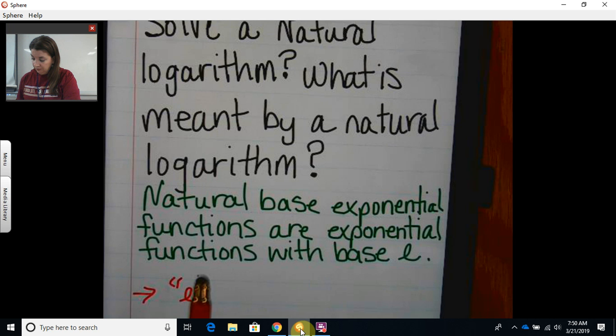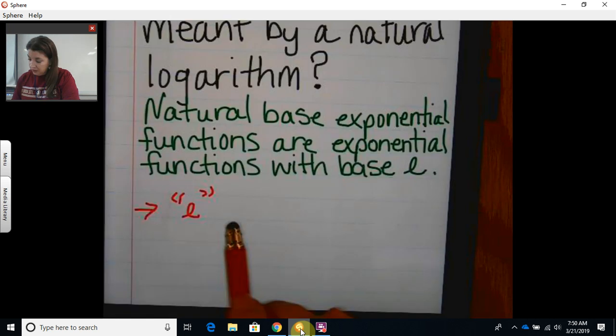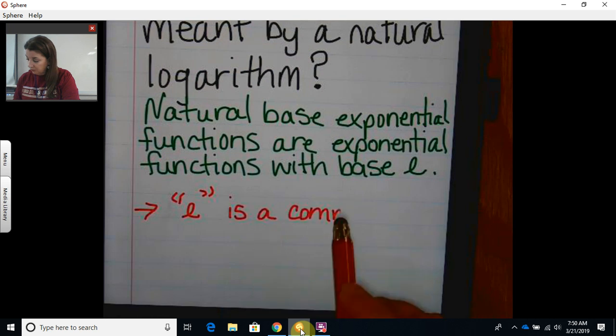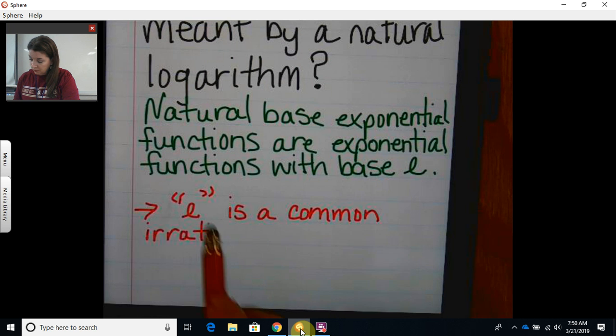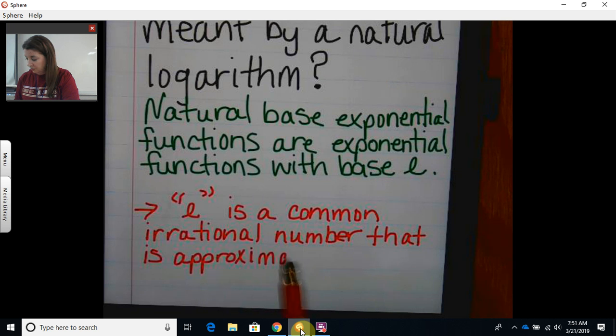E, or Euler's number, is a common irrational number that is approximately 2.71828.